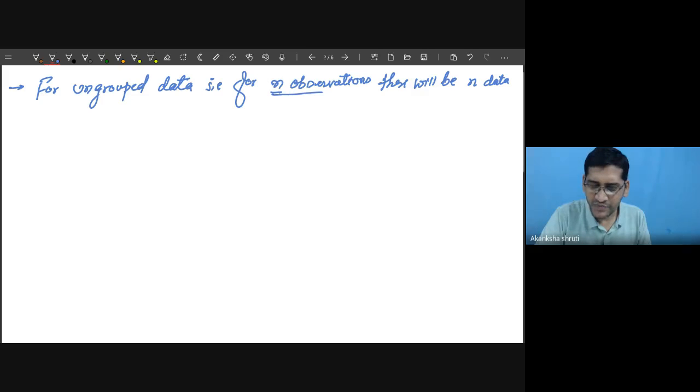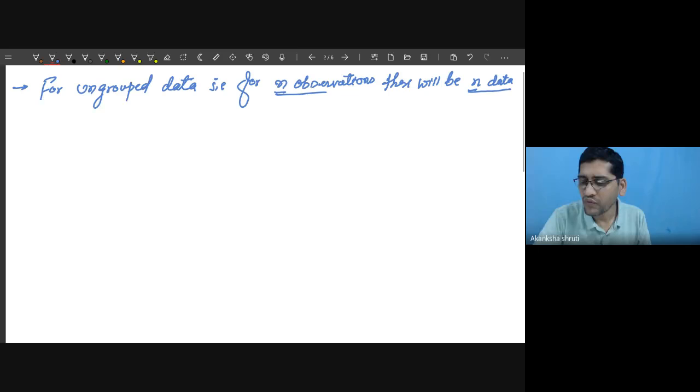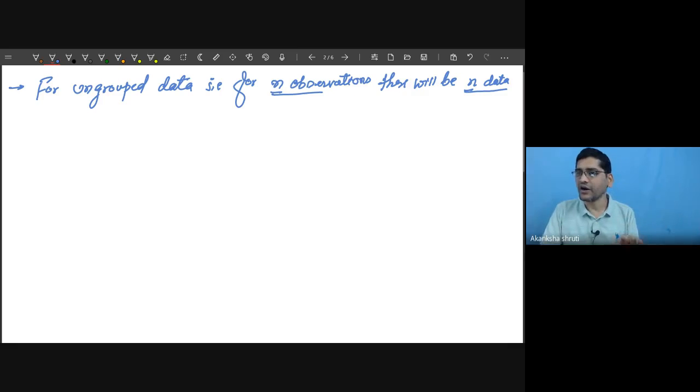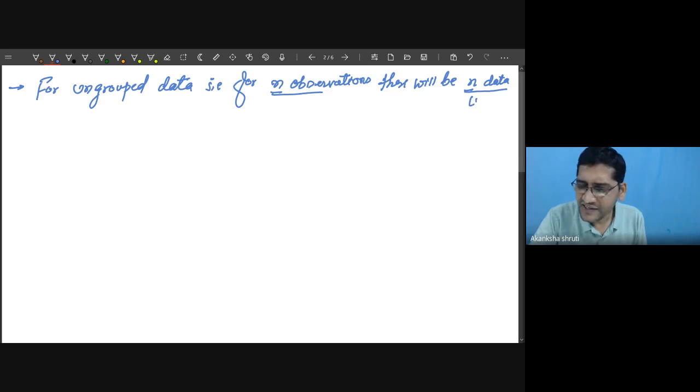Means for each observation there will be one particular kind of data, or n values.